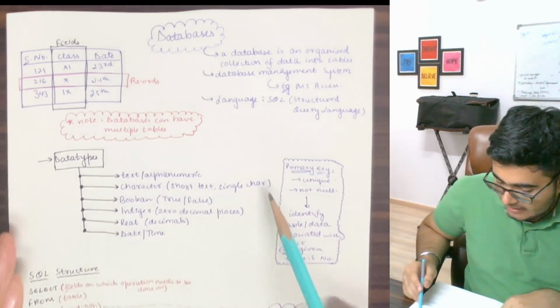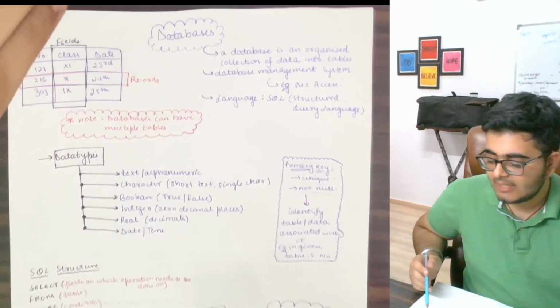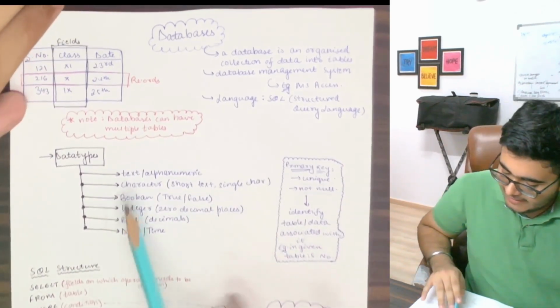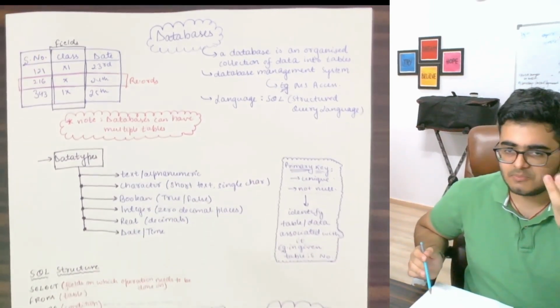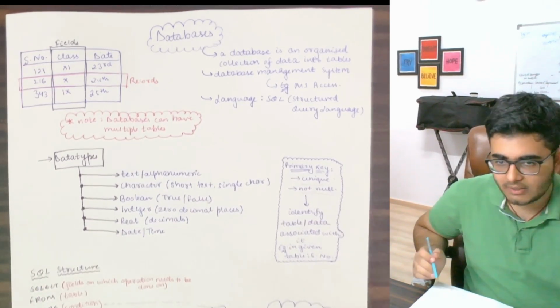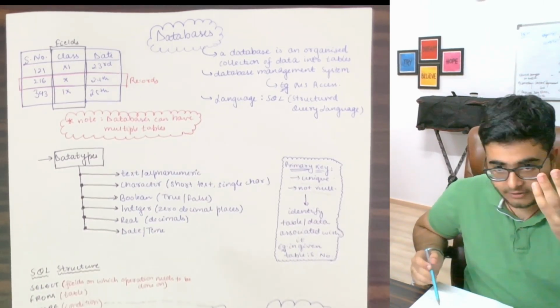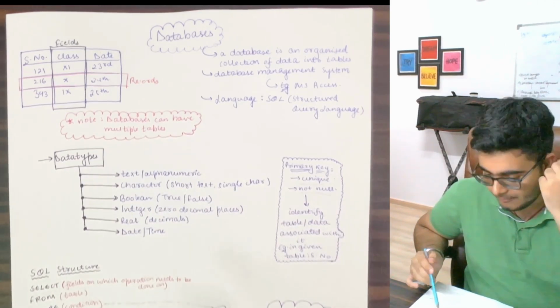Now these are the data types. Like we did data types for pseudocode in programming, there are data types for databases also. Text or alphanumeric is self-explanatory: any long or short text you write is text slash alphanumeric.